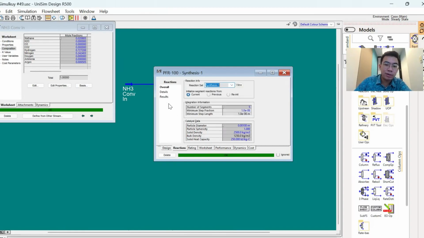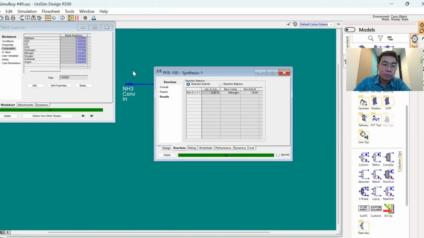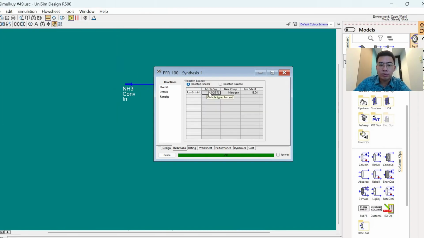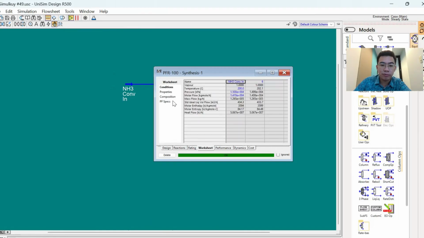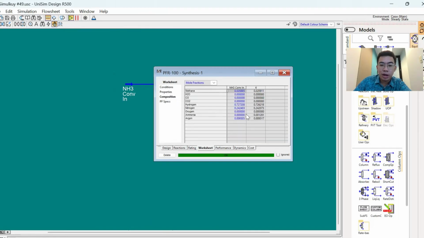If you see, the conversion is very low, only 0.26%. If we look at the composition here, our ammonia generation is still very low, because in a real ammonia converter, the conversion of NH3 is done in several steps, or several beds.